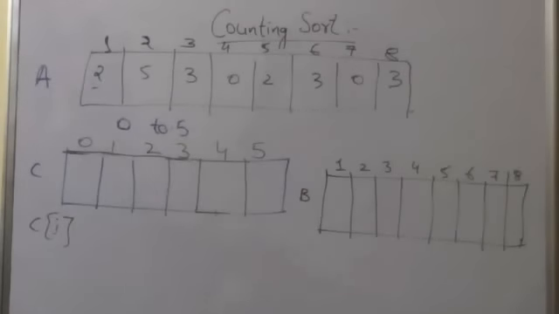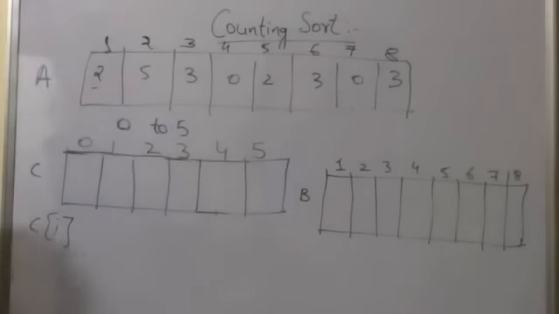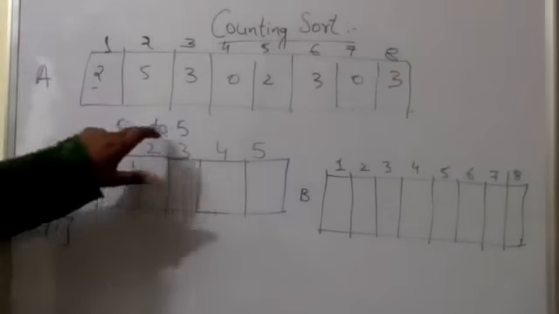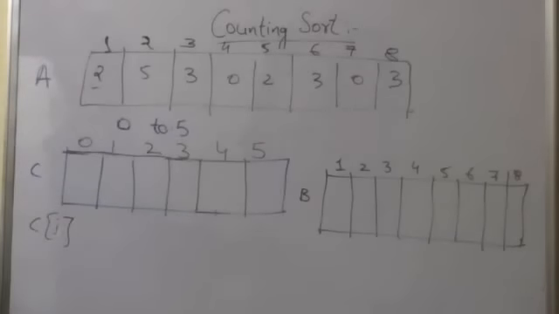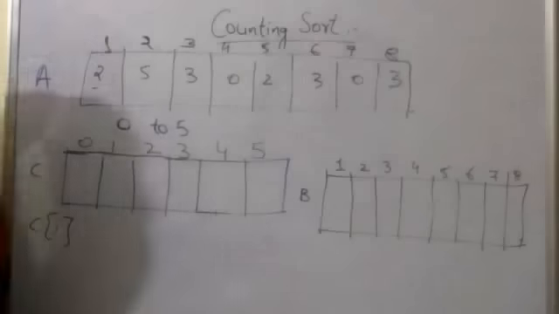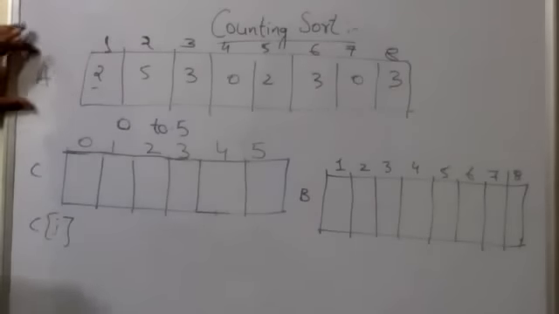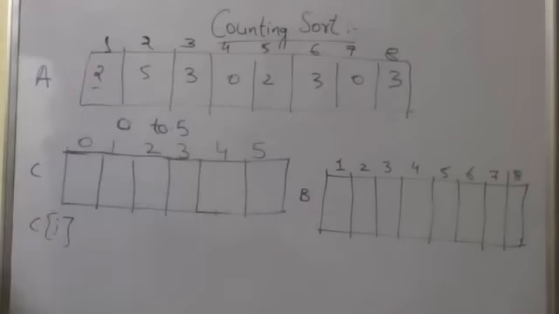Now suppose this array A is given to us. This array A has 8 positive integers in the range 0 to 5, and the indexes of this array A are from 1 to 8. Now we have to arrange the elements of this array A in increasing order by the counting sort algorithm.